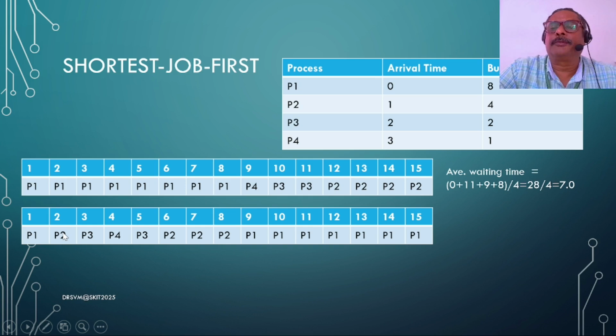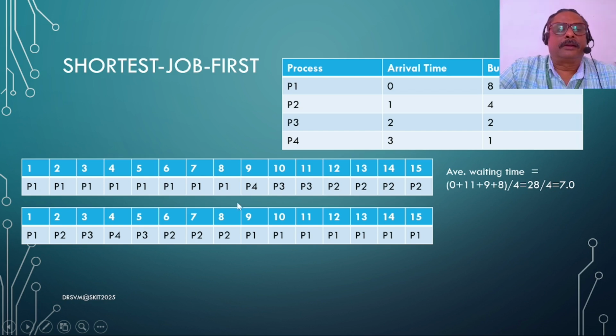After 1 unit of time, P3 comes in and says it wants only 2 units, whereas P2 wants 3 more units and P1 wants 7 more units. So 2, 3 and 7, and 2 happens to be the smallest, therefore now P3 gets its chance.